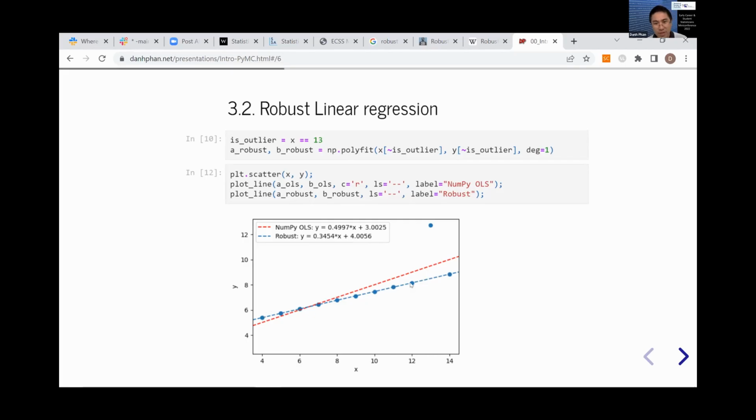So we will have this robust regression line, and we will have this updated slope and intercept here. This is the way we do it in the frequentist approach, right?